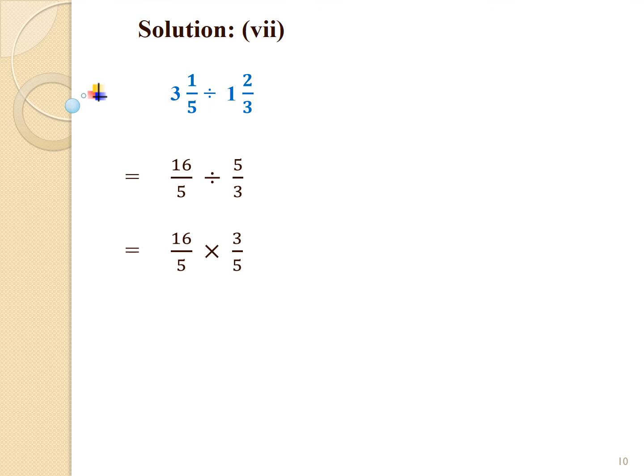Now multiplying 16 with 3 and 5 with 5, we get 48 upon 25. Now converting 48 upon 25 into mixed fraction, we get 1 integer 23 upon 25. Therefore, 3 integer 1 upon 5 divided by 1 integer 2 upon 3 is 1 integer 23 upon 25. Students, solve remaining sum by yourself.